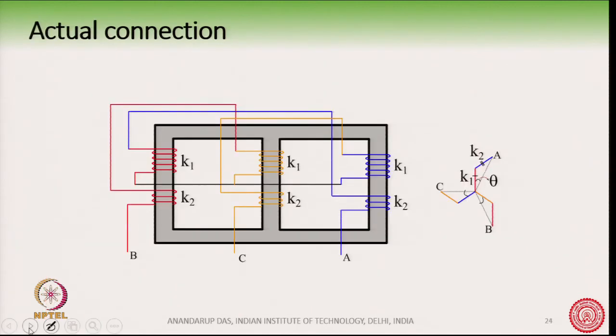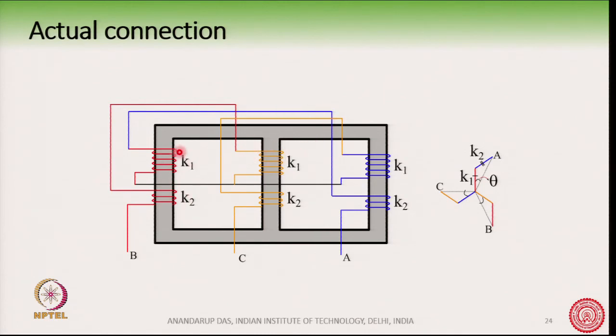So, how do we actually do it in a transformer? It is very simple actually. Here you can see the R phase winding, where the total number of turns is K1 plus K2, which we have split into two parts, K1 and K2.